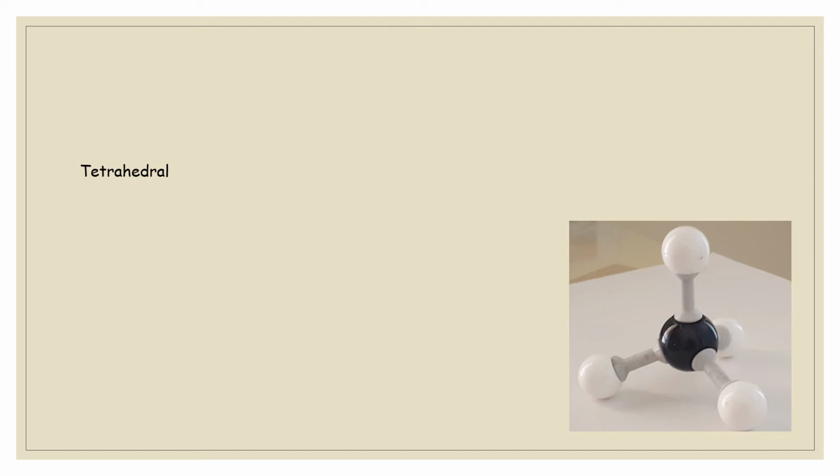Tetrahedral is another example of a symmetrical shape. In this particular example, we have methane. So here we have hydrogen, hydrogen, hydrogen, and hydrogen. The carbon-hydrogen bond is polar covalent. Carbon's electronegativity is 2.6, hydrogen's is 2.2.